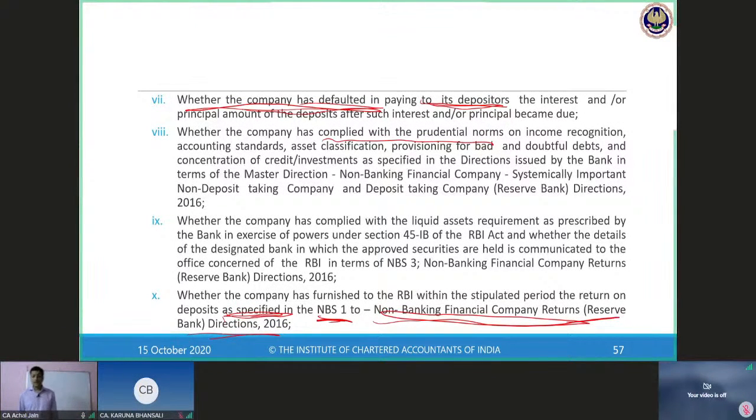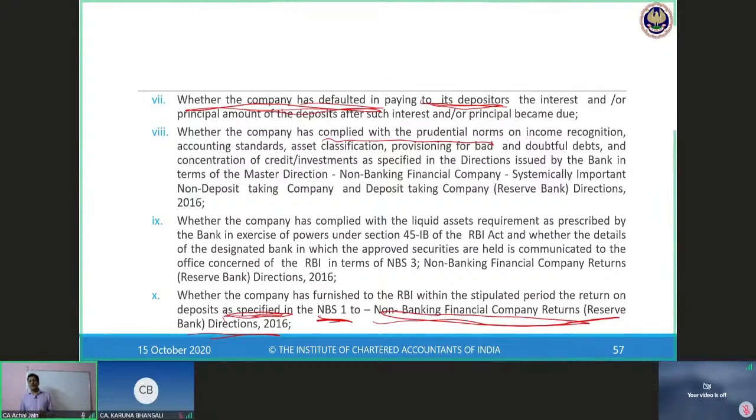the Reserve Bank directions. So you can see there's so many directions, and all of these directions are what? Regulations. You can in simple terms say those are the legal requirements. In simple terms, if one has to understand about that. Okay. And all of these things are required to be ensured by whom?